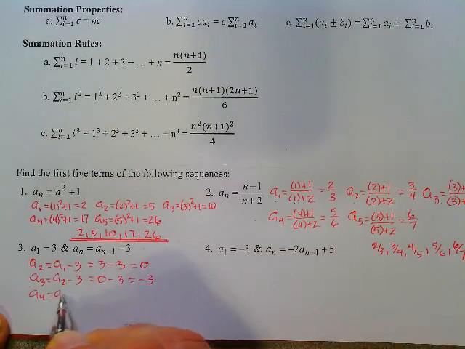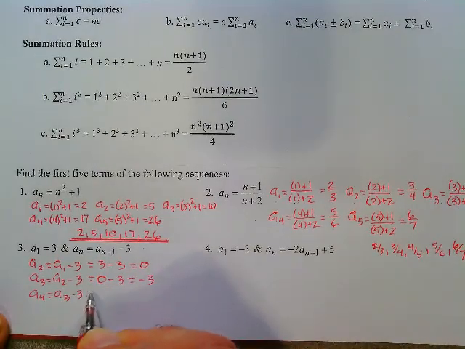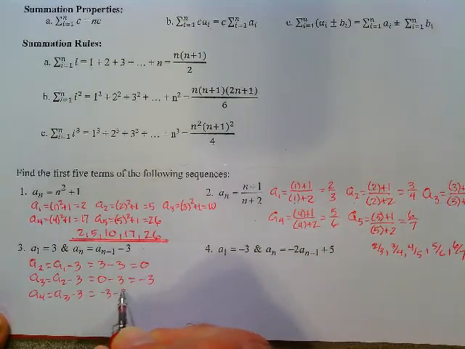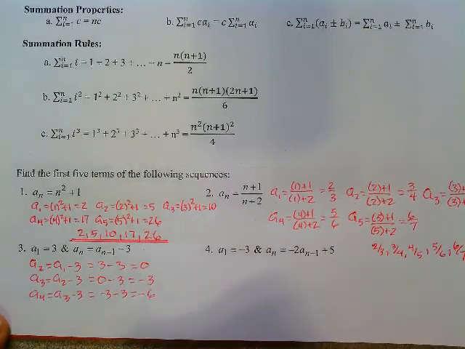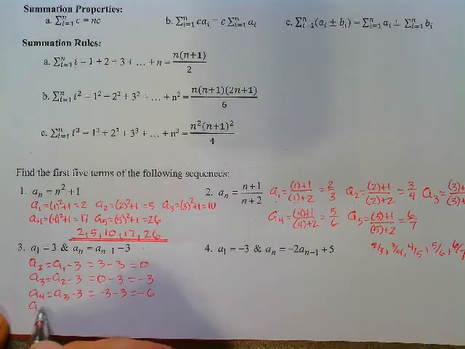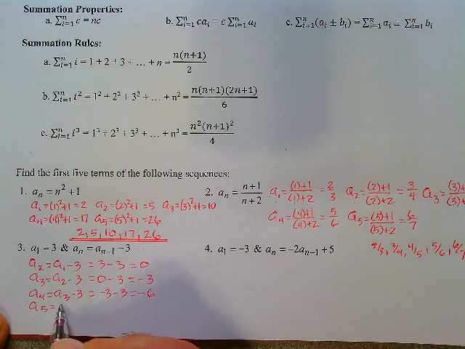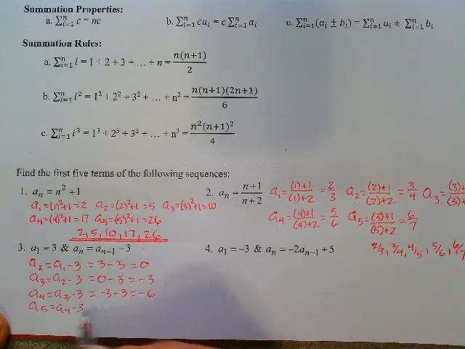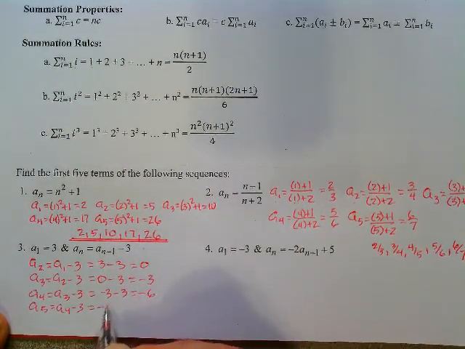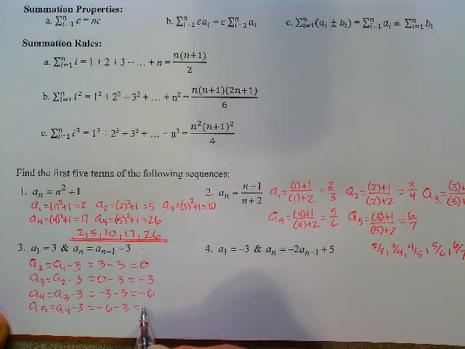a4 is a3, subtract 3, which is negative 3. Subtract 3 more, negative 6. And a5 is a4, subtract 3, which is negative 6. Subtract 3, which is negative 9.